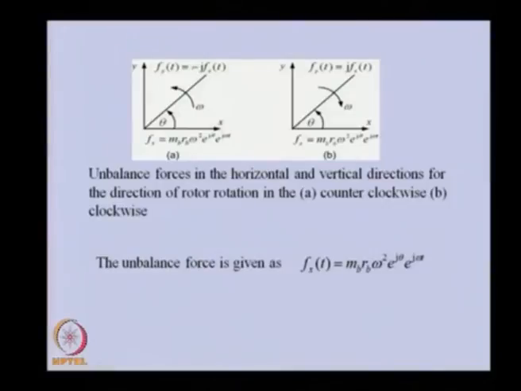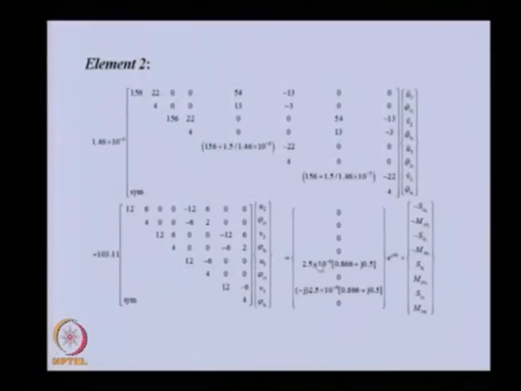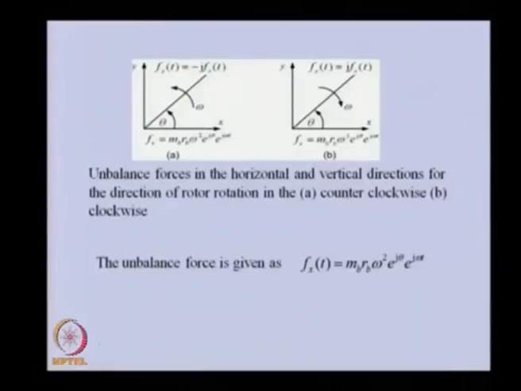So now you can see this is the horizontal force, and if we multiply by minus j, that will be the component of the force in the y direction. And this is the phase which we talked about initially, that is the 30 degree phase which we have considered.